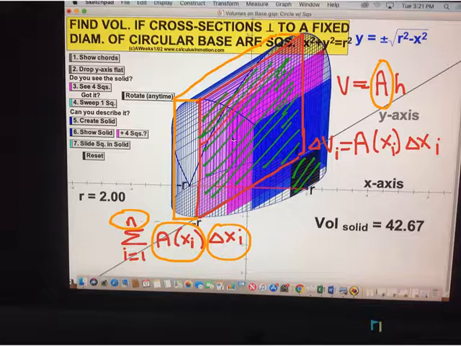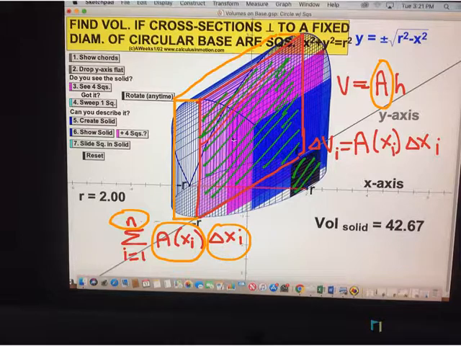So if I wanted to do that, for example, I could have a partition with 16 subintervals of equal widths. The width of each subinterval would now be 1/4 of a unit, and I can have 16 rectangular prisms and find the volumes of the 16 rectangular prisms and add them together, and that would be a better approximation than just using 8.